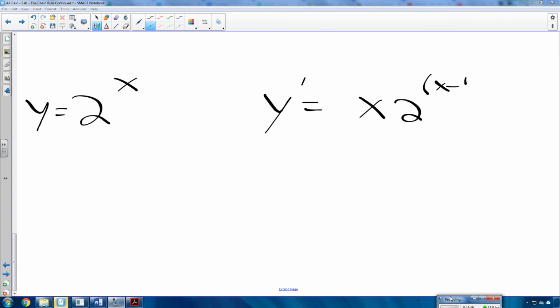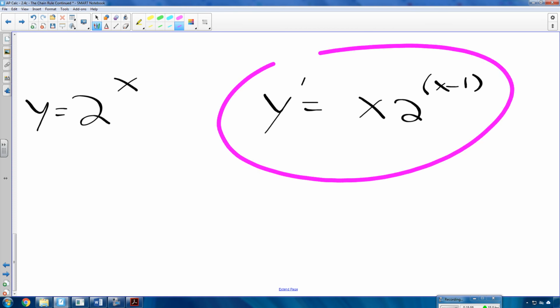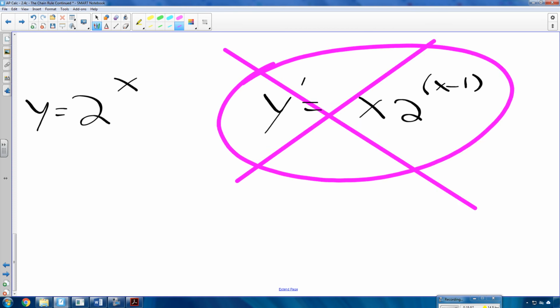So this is a no-go, okay? You can't use the power rule on a number to a variable. You can use the power rule on a variable to a number. So if they were switched, we'd be okay. So the question came, can we use the power rule? The answer is no, only on a variable raised to a constant power. That's the power rule stipulation.